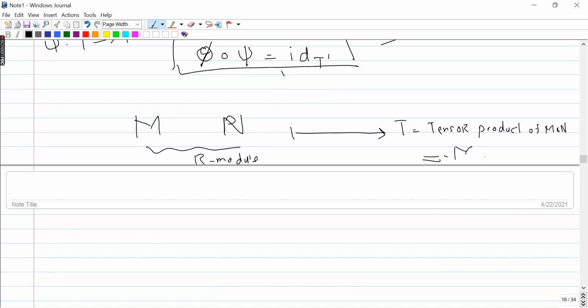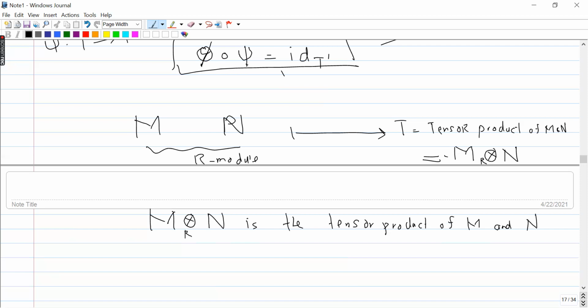Since we know that this product is unique, it is written this way. This M tensor N, read as the tensor notation, M tensor N is the tensor product of M and N.